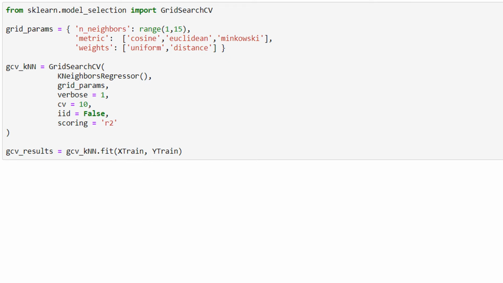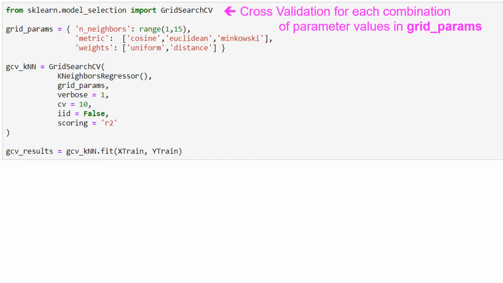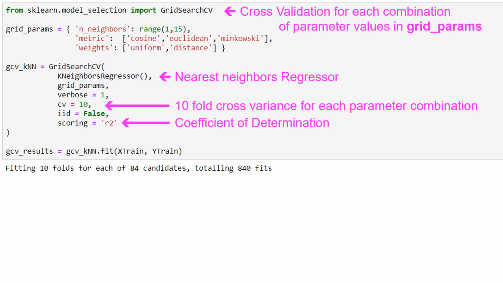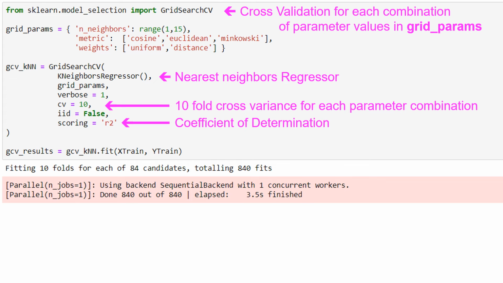We're going to answer these questions using a grid search cross-validation. This is a cross-validation for each combination of parameter values in a grid parameters dictionary. Nearest neighbors regressor, tenfold cross-validation for each parameter combination, coefficient of determination used for the scoring. Here we see that we're doing 840 of these, and we're getting some messages.